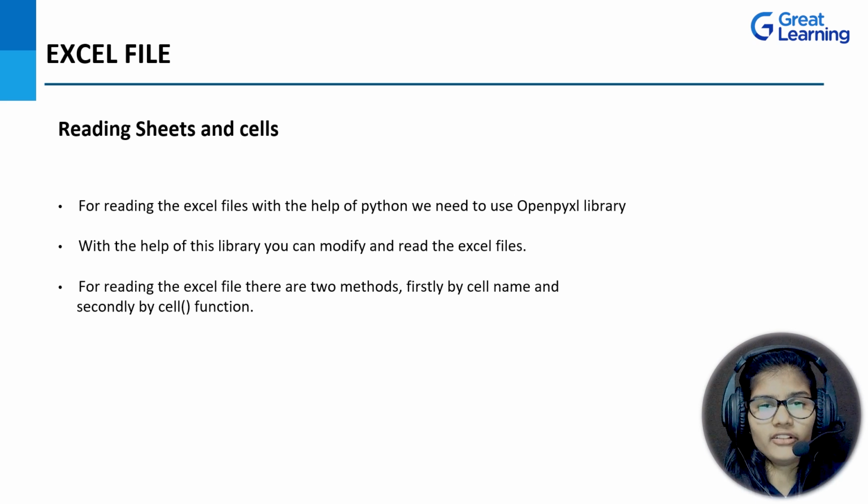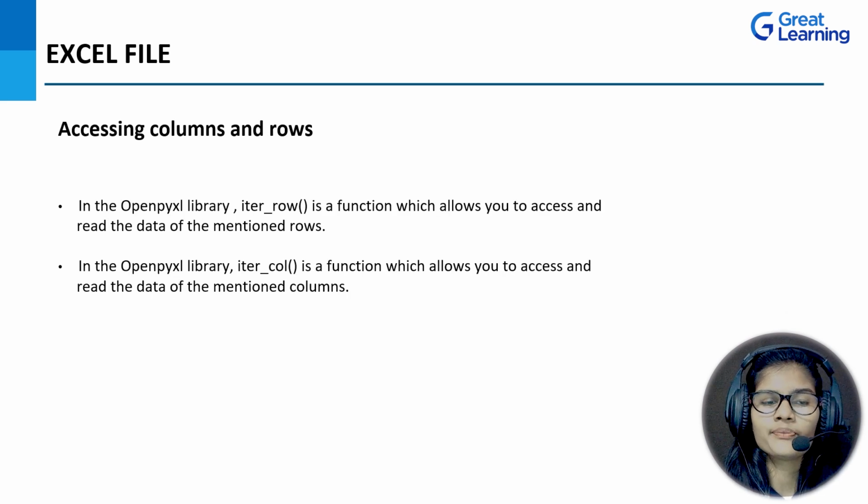For reading the Excel file, there are two methods. The very first method is the cell name, and the second method is the cell function. Moving ahead, we saw how you can access the rows and the columns.